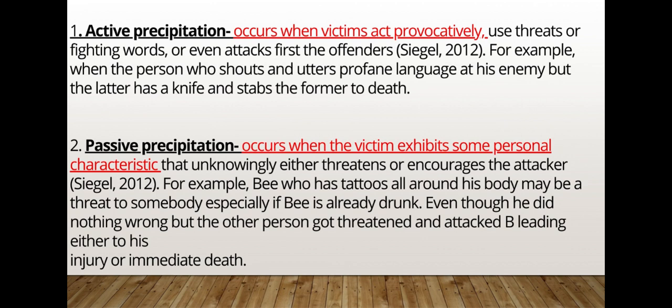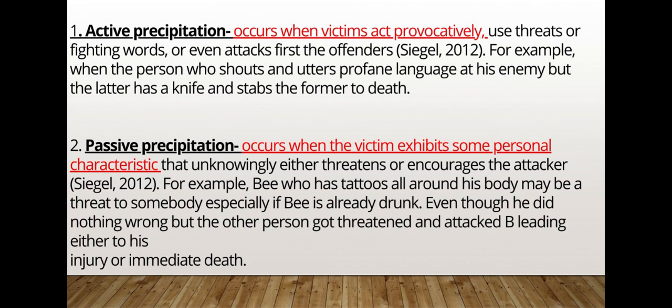Ngayon, ang naging resulta is mas nabugbog si Tanggol. Ngayon, naging biktima si Tanggol kasi mas malakas si Pedro. Pero, yun yung tinatawag na active precipitations. Ikaw yung nag-provoke, pero ikaw din yung naging biktima. Ibig sabihin, ikaw yung may kagagawan. Bakit ka naging biktima? Nag-provoke ka, nag-initiate ka sa isang tao para gawan ka ng criminal act.